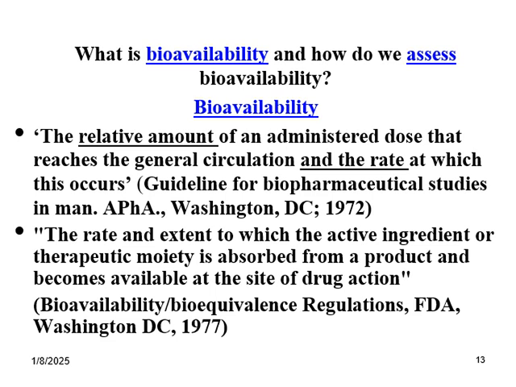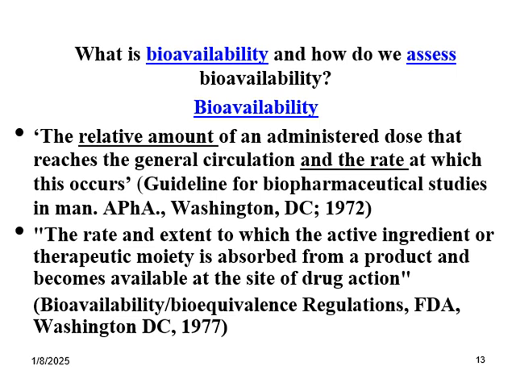Actually, if you look at the guideline for biopharmaceutical studies in men, published in 1972, that is already a very established, scientific field. Bioavailability is the relative amount of an administered dose that reaches the general circulation and the rate at which this occurs.